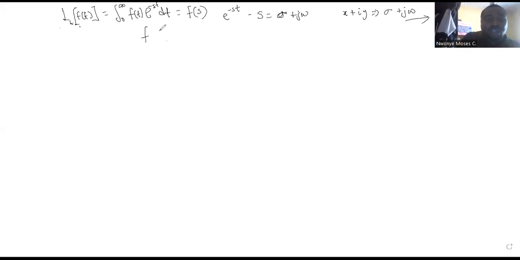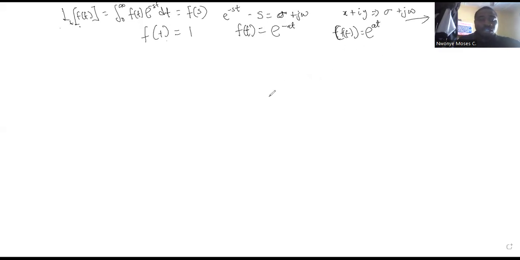So we're going to be solving this particular function if f of t is equal to 1, and also if f of t is equal to exponential minus at. I have done it for f of t equal to exponential at, right?